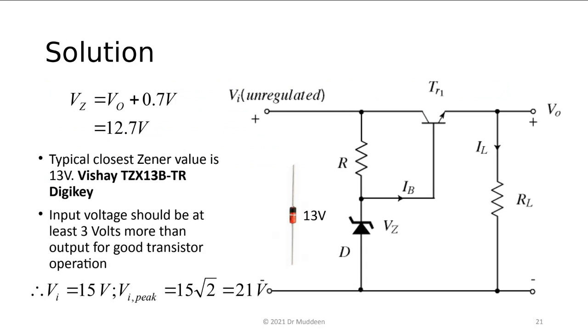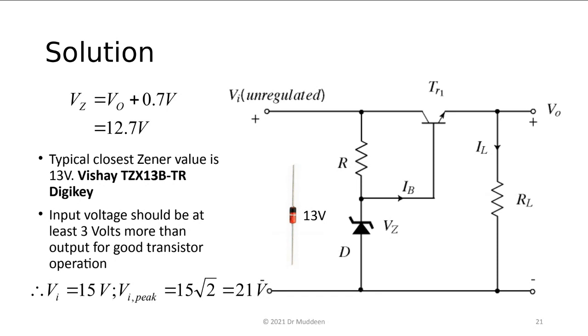So you go up here. The first thing now is the actual value of the Zener. And this is where those choices that we keep getting presented with, another one comes about. If we want 12 volts on the output, because of the 0.7 volts here, you actually need a 12.7 volt Zener.